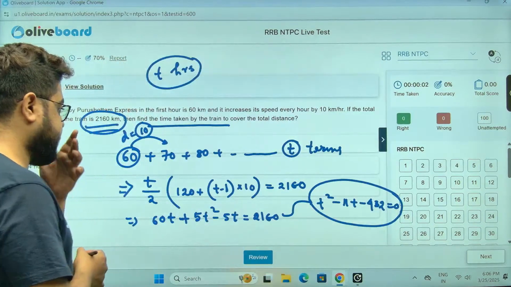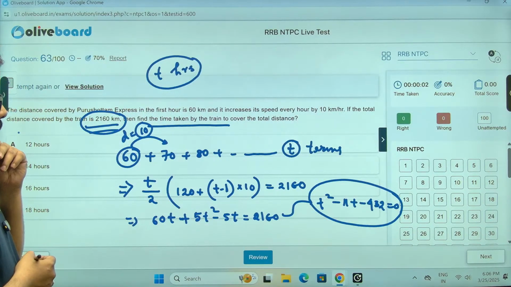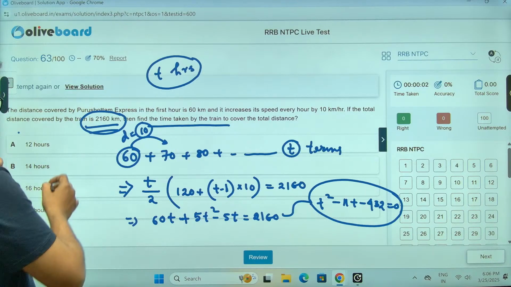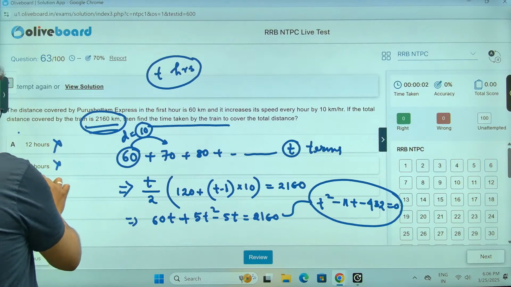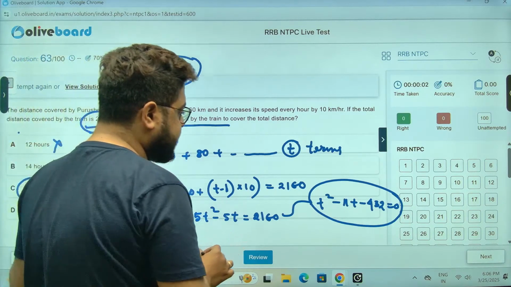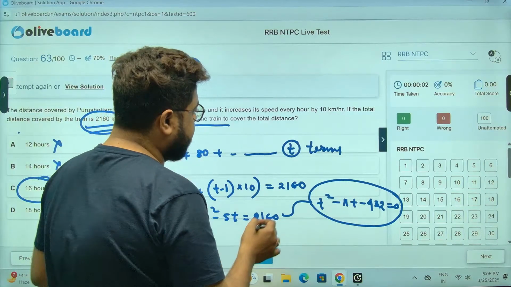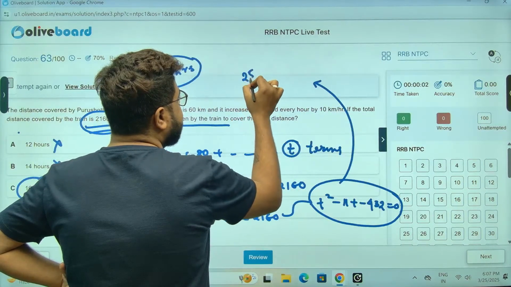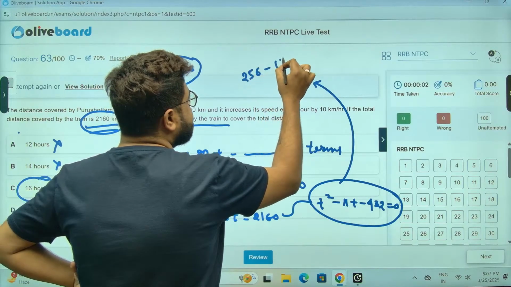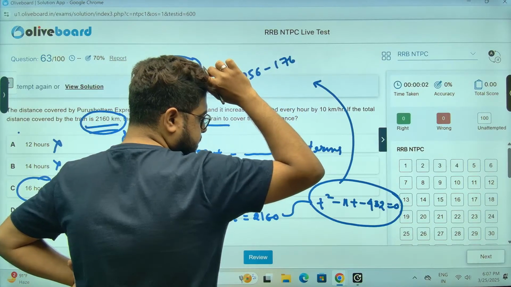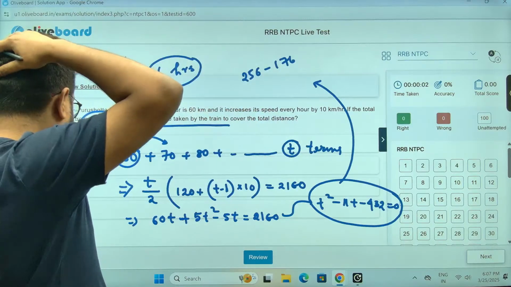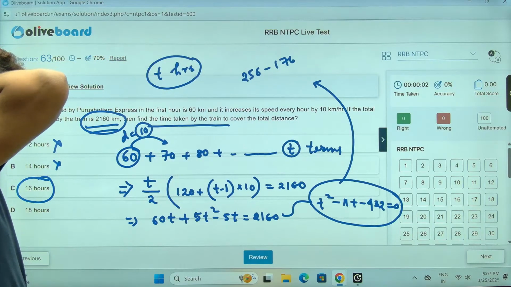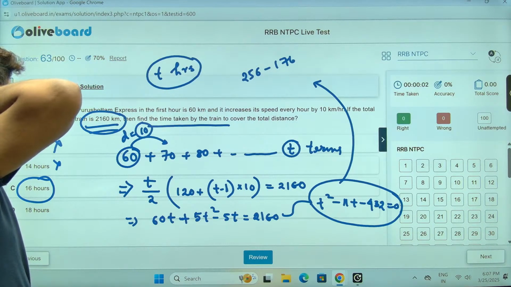Check from the options. 140 is big, no. 16 can be our answer, 16 or 18. Check with 16: 256, and 11 into 16 means 176. No sir, I have made an error.